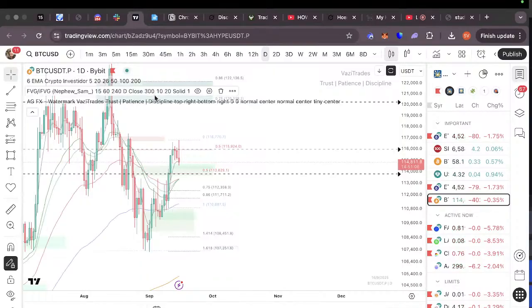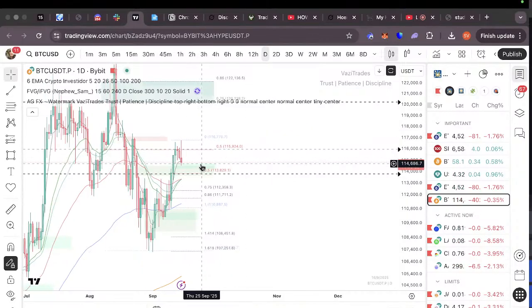But as I said, price currently is above the daily FVG and 0.5 Fibonacci, 200 EMA on 4 hour time frame, and so on. So it has a lot of support levels above the 0.5 that I highlighted before.